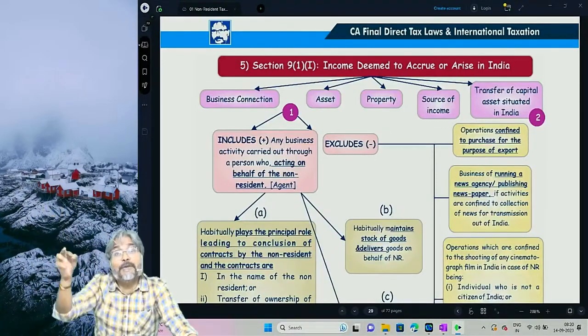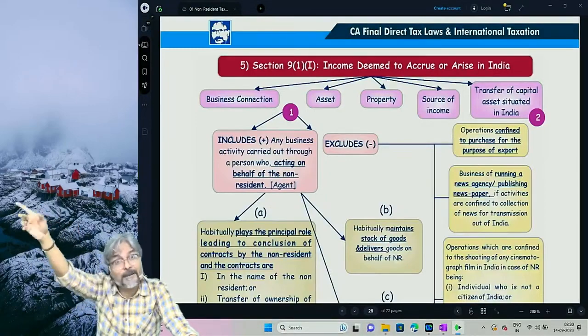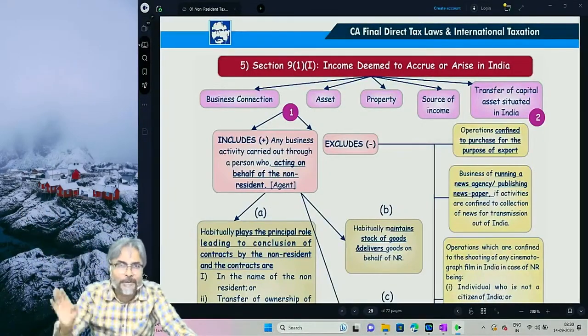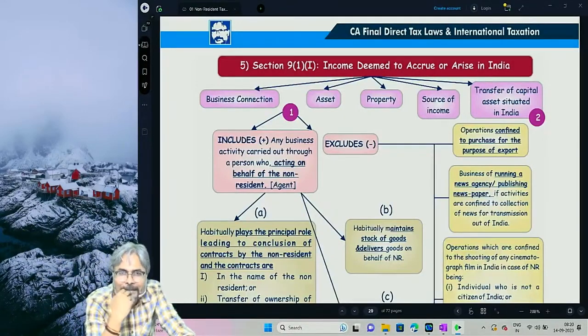Where is the receipt? Where have you received it? You have received it in Singapore. So accrued is outside India, received is outside India, not taxable in India. You realize this then? How easy it is to shift the accrual from India. What do you do?